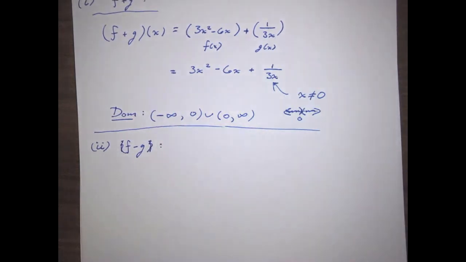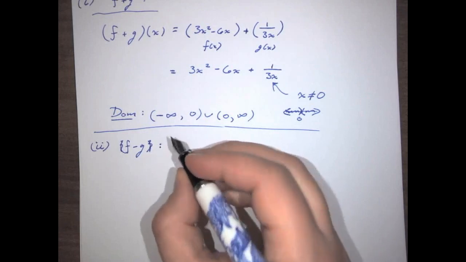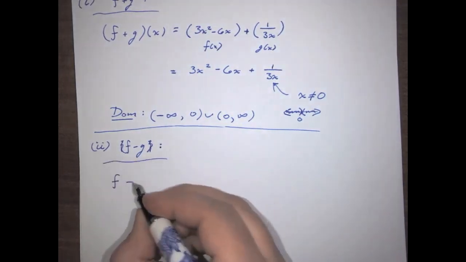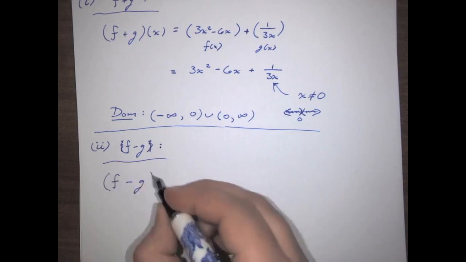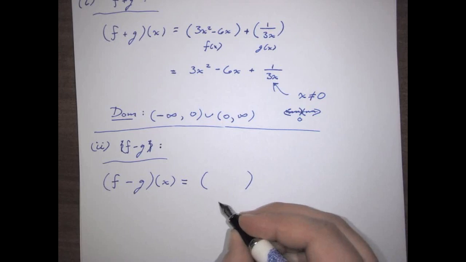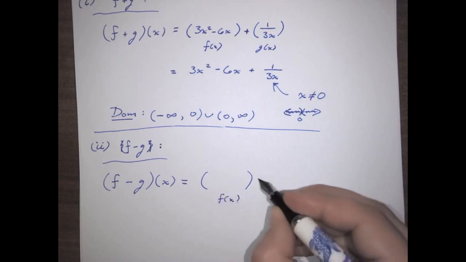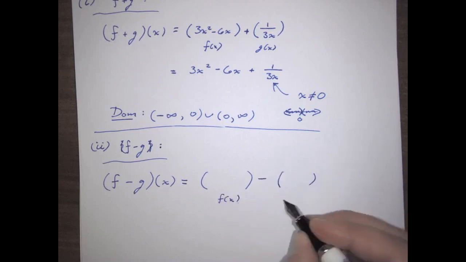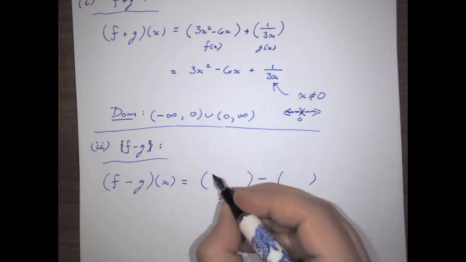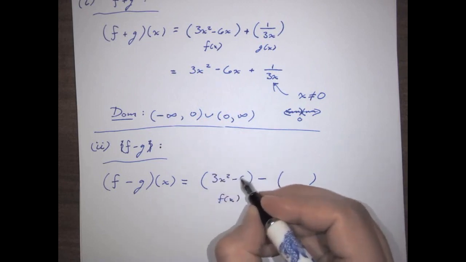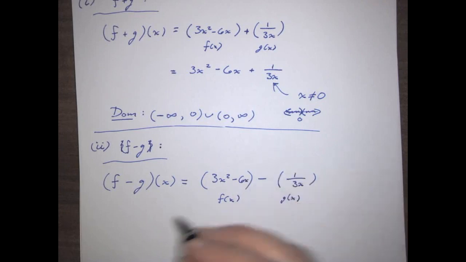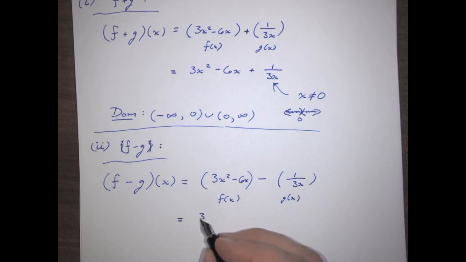So for f minus g, we are going to go through the same business. f minus g of x is going to equal, well, you take the formula for f of x, you take the formula for g of x, and you just subtract them. So it's going to be 3x squared minus 6x minus 1 over 3x. And again, it's going to look very similar.